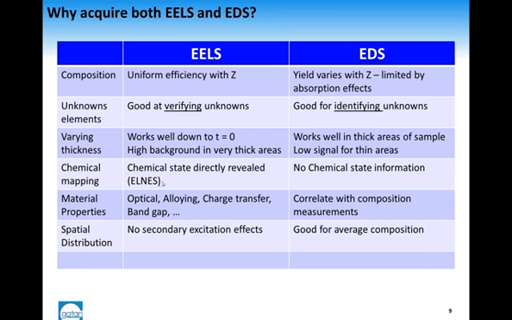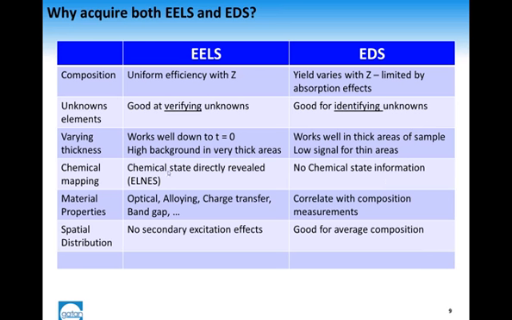We can do chemical analysis with EELS, so we can tell basically what we have in our sample, and how the elements are interacting with each other, are bonded to each other. In the case of EDS, we cannot get any chemical state information.